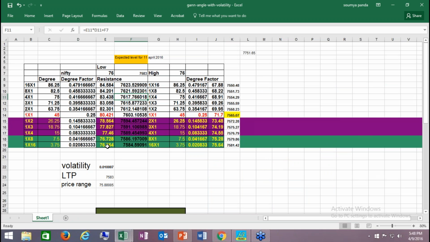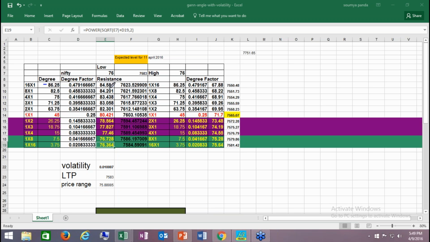However, every degree line or every resistance line has its independent price range. Out of all these 11 trend lines, every trend line has its independent price range. For 86.25 degree, it is an independent price range.